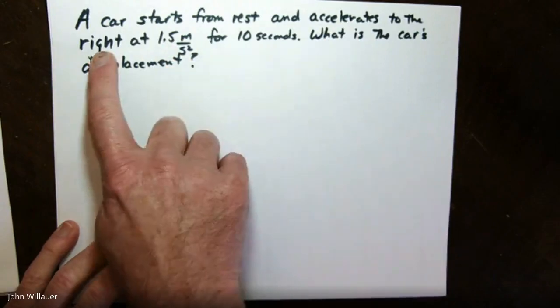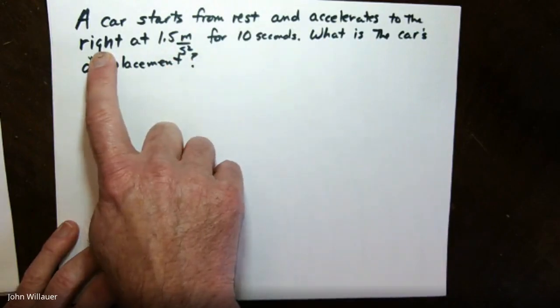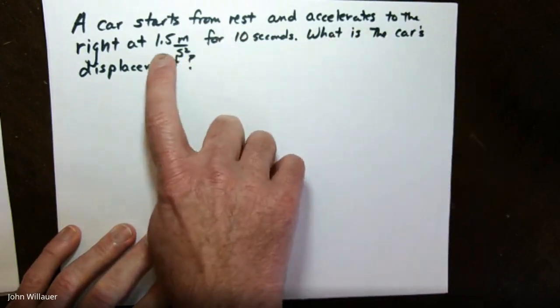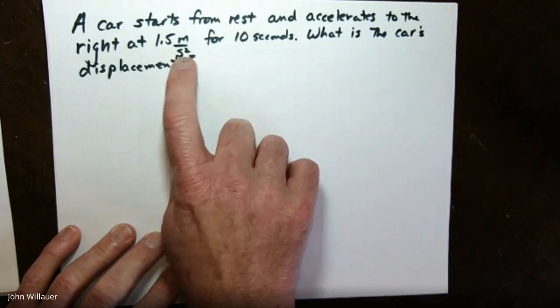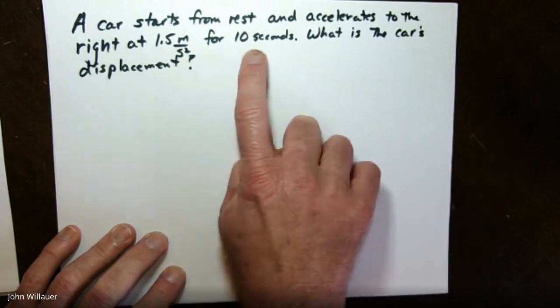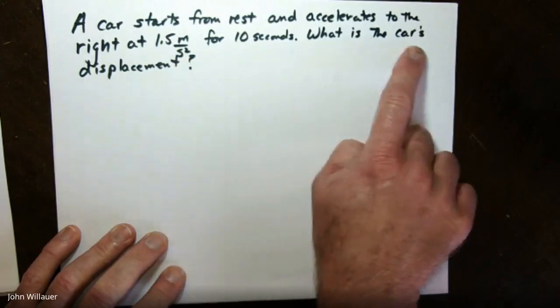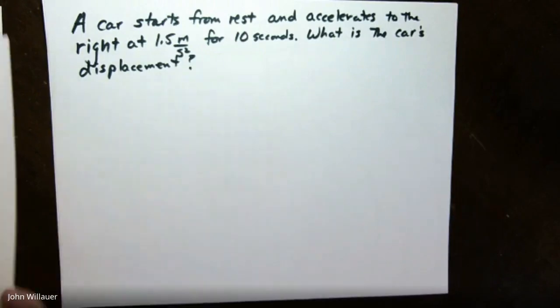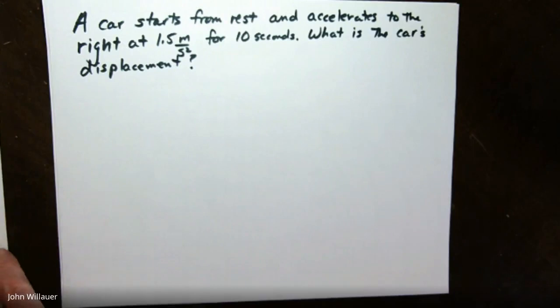Remember, an acceleration is a vector property, okay? So we've got a car accelerates to the right, starts from rest at 1.5 meters per second squared. There's that acceleration unit for 10 seconds. What is the car's displacement? So when we look at a page like this, let me get that page back out here for us.